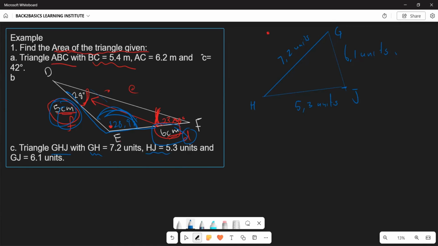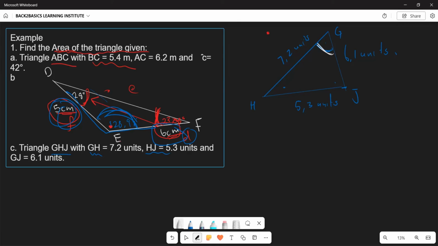Now, for us to calculate the area of this triangle, because you have all the sides, you can calculate any angle here using your cosine rule. Remember, for you to calculate any angle with the cosine rule, you just need to have all the sides, right? Let's say we want to calculate angle G first.